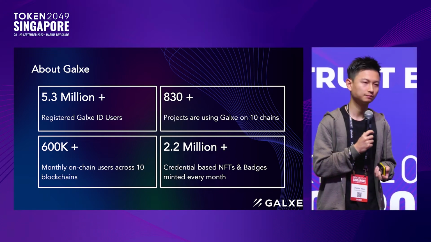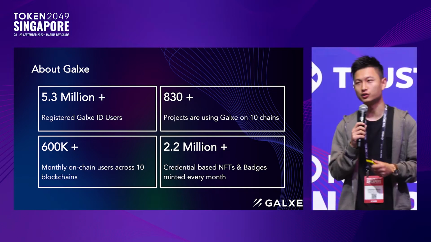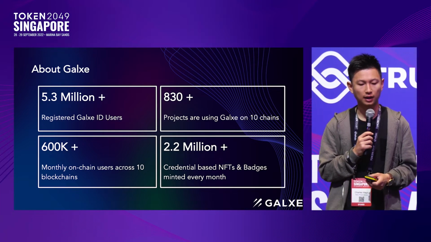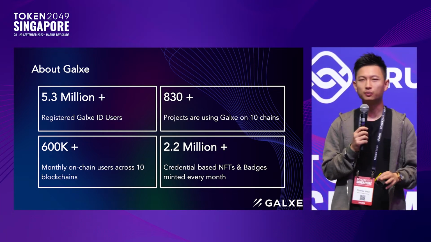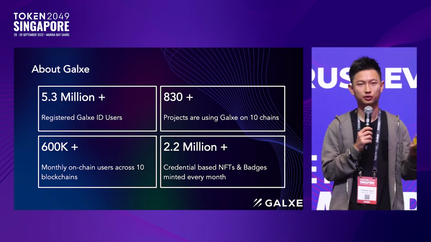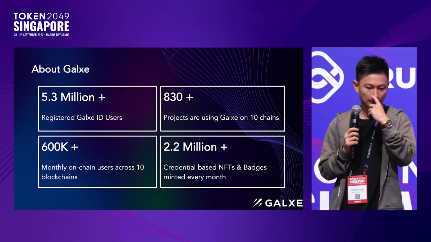I think that's a very active on-chain user base in the blockchain space. And also, there are about 2.2 million to 2.4 million NFT badges being produced by the Galxe platform every month.